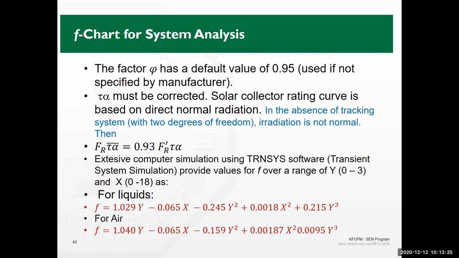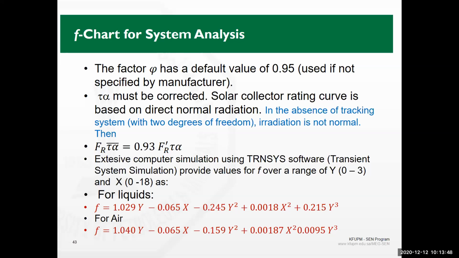If you don't have tracking, then there's a change in the angle, and accordingly, these values are not going to be kept constant, and that's why we average them. Averaging them, a value of 0.93 is accepted as a conversion between the average and the given values. So 93% of the tau alpha has been accepted.